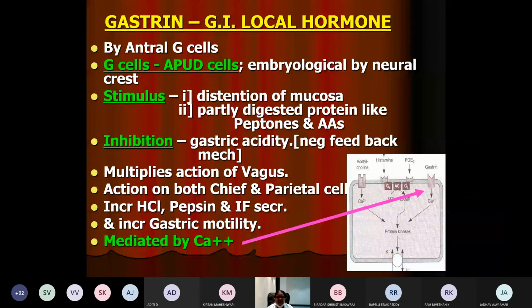Inhibition by gastric acidity, that is a negative feedback mechanism. It multiplies the action of vagus, acts on both chief and parietal cells, increases HCl, pepsin and intrinsic factor secretion and increases gastric motility, mediated by calcium.